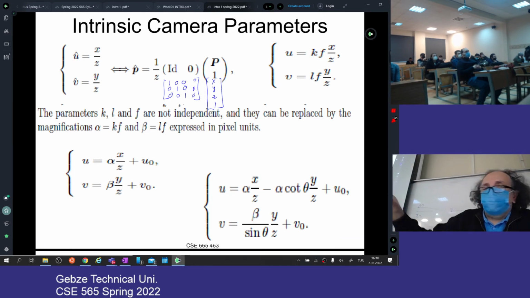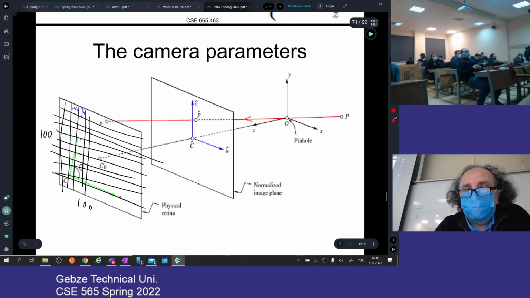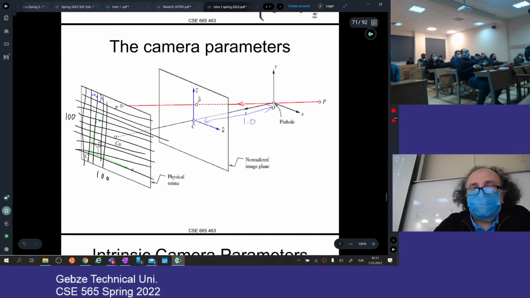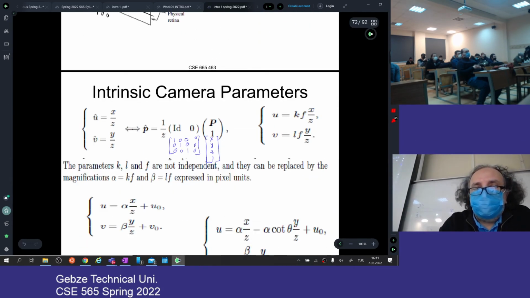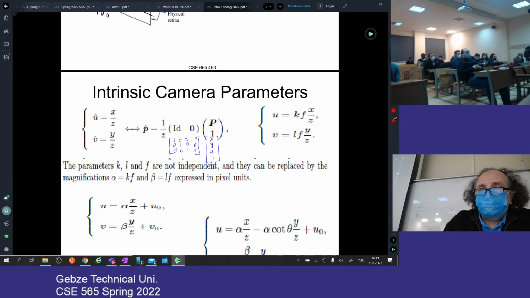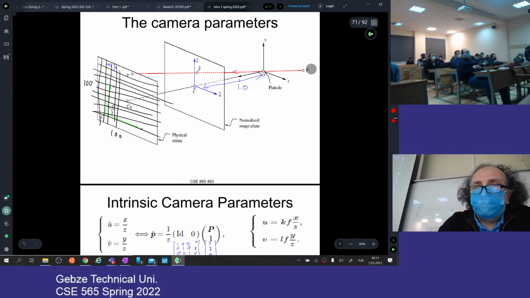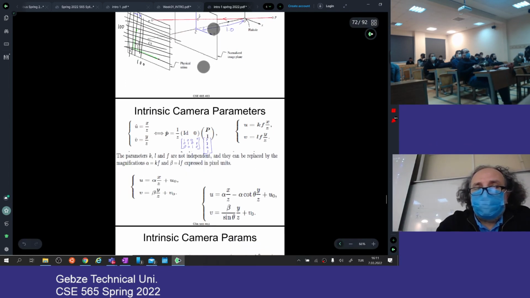If I ignore the focal length, let's say this length is just 1.0, then it is going to be X over Z and Y over Z. So I know how to get from this point to this point to this point. But how do I get from this point to that point? This is what we are going to do.